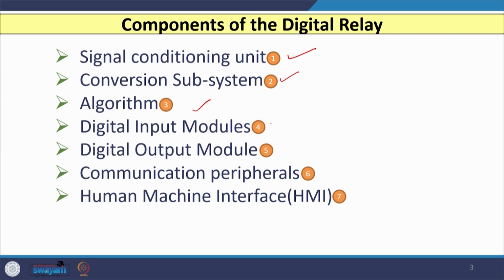Then it also contains digital input and digital output modules. Along with that, it also contains communication peripherals and the human machine interface. So, let us discuss each and every component one by one.